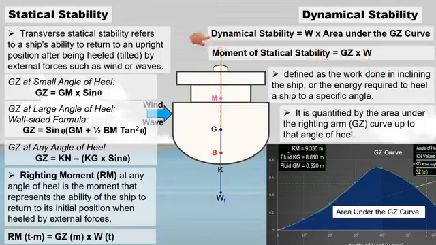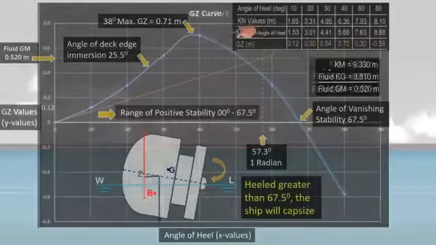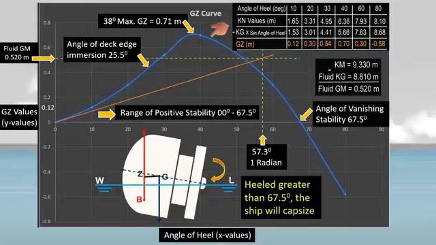Dynamical stability, on the other hand, is determined by multiplying the ship's displacement by the area under the GZ curve. Let's proceed with a calculation using this GZ curve that I have made in my previous video. If you want to see the full details of how to construct this GZ curve that you can see on your screen, kindly visit the link in the description below.